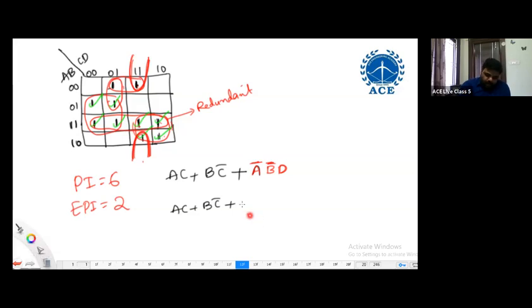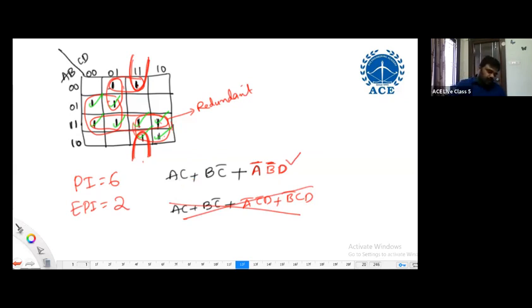It is A bar, C bar, D plus, if I take this one, B bar, C D. Complexity is more than this. So it is not a minimal expression, first of all, because with lesser complexity we have the other one here. Why do you want to consider another expression with more complexity? With the same complexity, if you had one more, then we would get multiple minimal expressions. Here we are getting only one minimal expression.